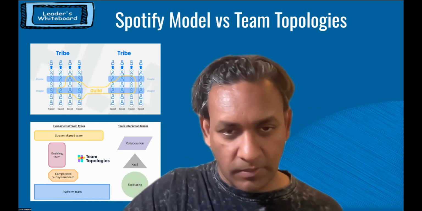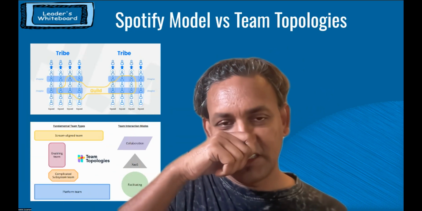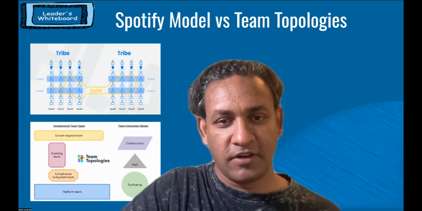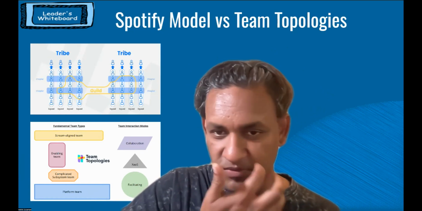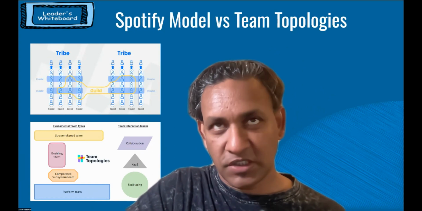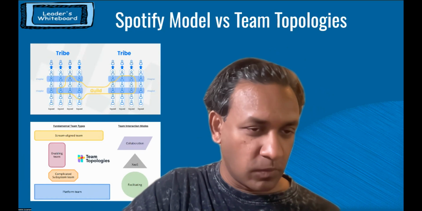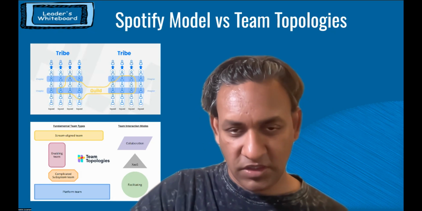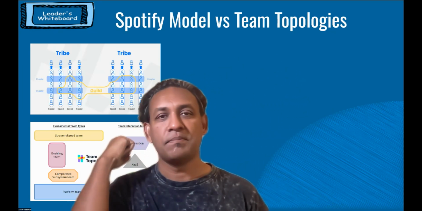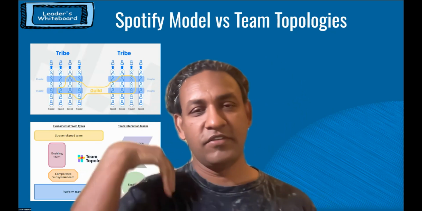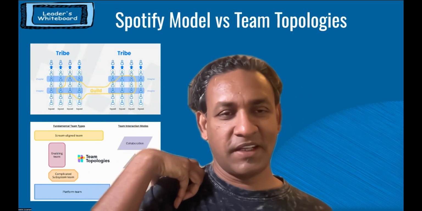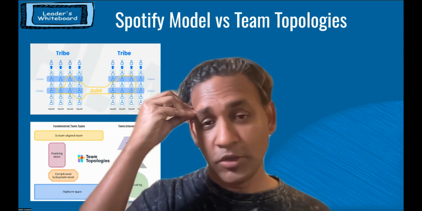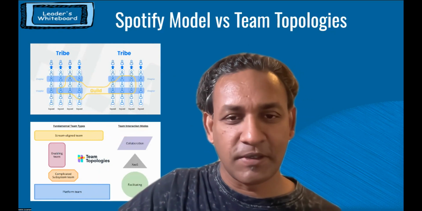You can also use the Scrum of Scrums kind of models or some other models, but I feel the three major contenders for organizational structure or team structure will mostly be the Spotify model, team topologies, or one of the Scrum of Scrums or SAFe, the Scaled Agile Framework. One of these you might be able to use. I have particularly been using team topologies in my current company, and in my last company I used the Spotify model. So I find both of those very interesting and very applicable.